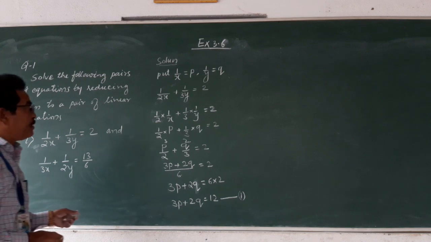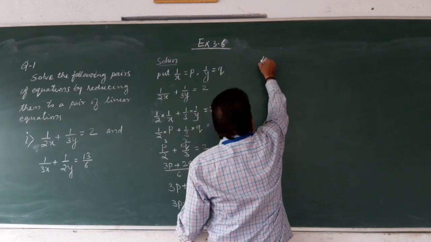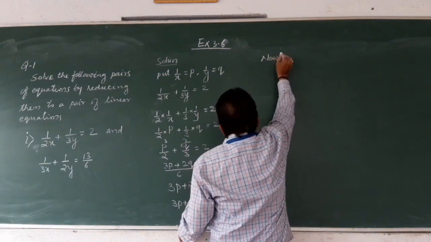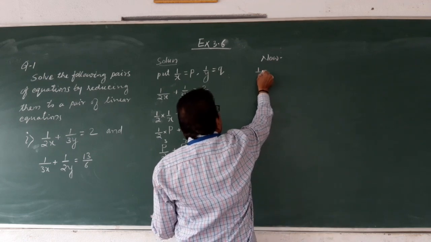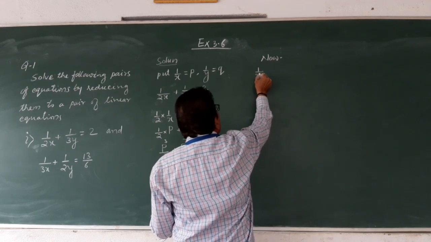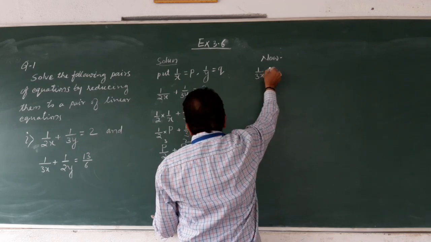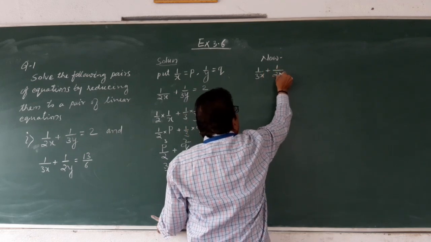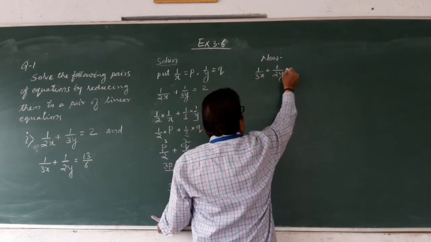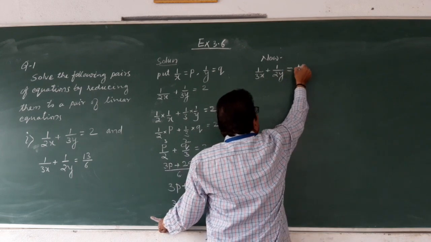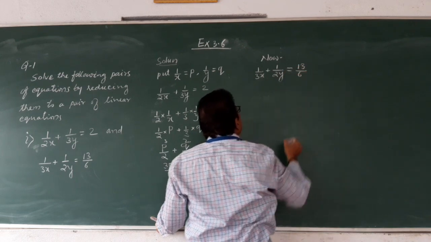Now second. 1 by 3x plus 1 by 2y equals 13 by 6.